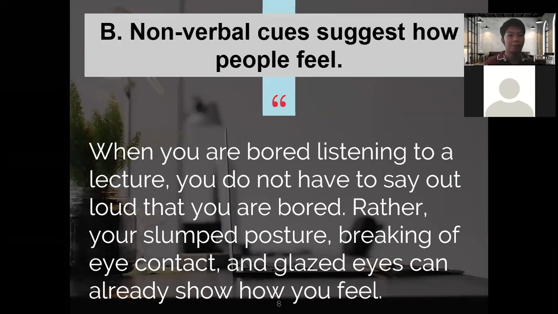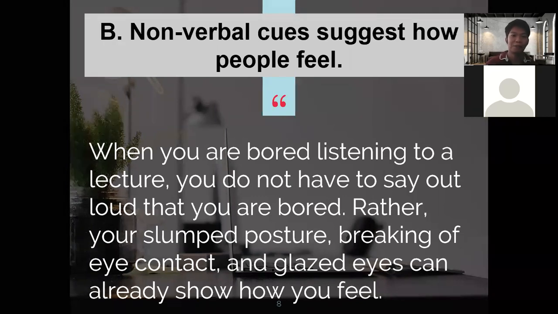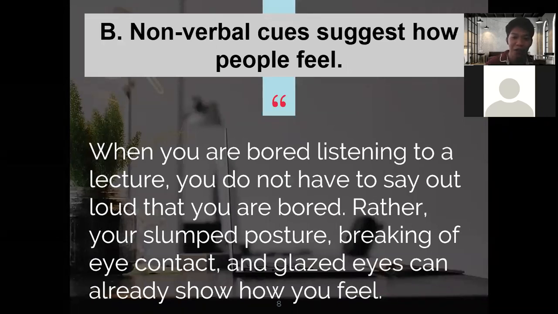That's why in online class, it's really hard for us teachers to know if you really understand our lesson, or what's your feedback, what's your reaction about the discussion about the virtual meeting because we can see your faces.